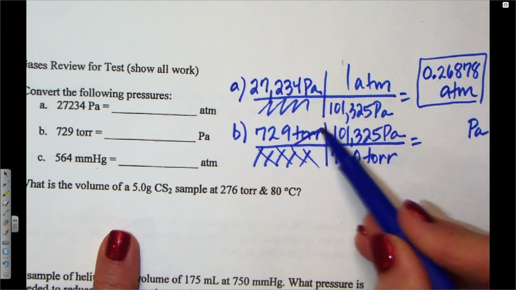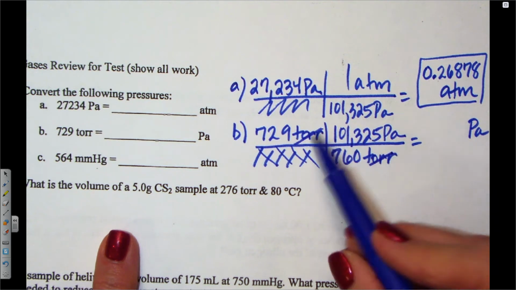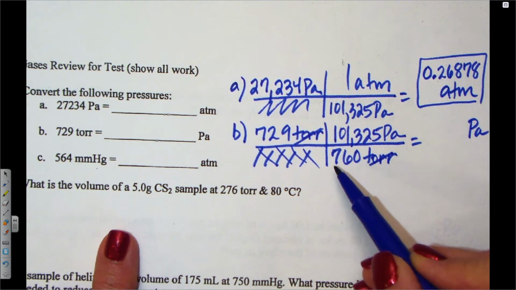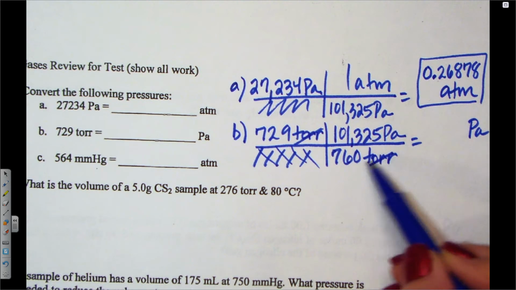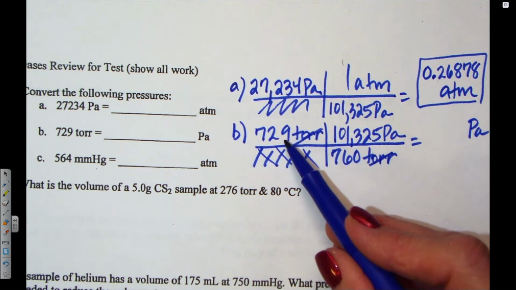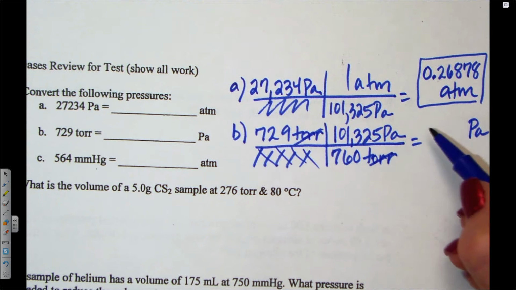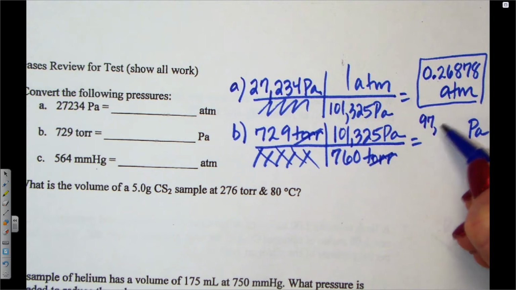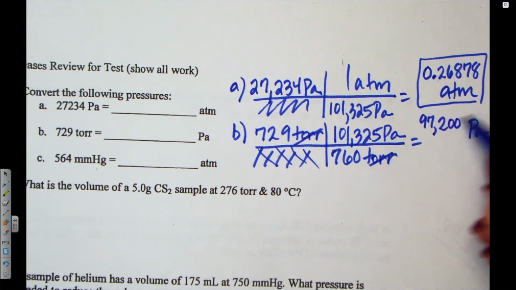Again, this lets your units cancel, torr with torr, so we're going to multiply the top row and then divide by 760. Again, the conversion factors have unlimited sig figs, so our given is going to determine our sig figs. It has 3 sig figs, so our answer needs 3 sig figs, and when you round your answer to 3 sig figs, you would round it to 97,200.